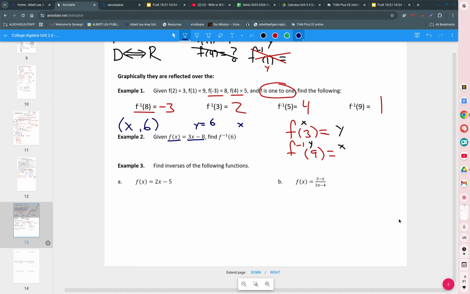Anybody got an idea how we might do that? Yeah, just 6 is equal to 3x minus 8. So we make the y value equal to 6, and now we can solve. We add the 8 to get 14 is equal to 3x. We divide by 3, and we get x is equal to 14 thirds. Piece of cake.